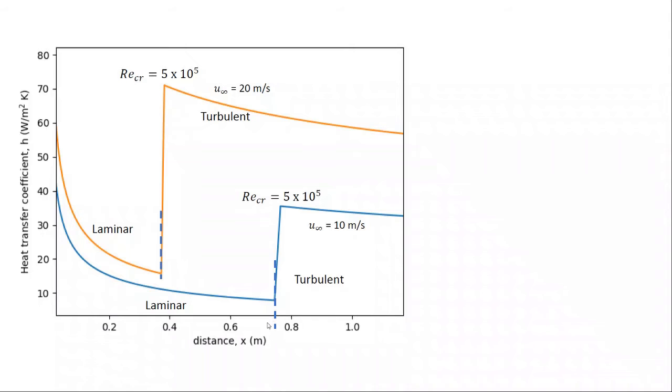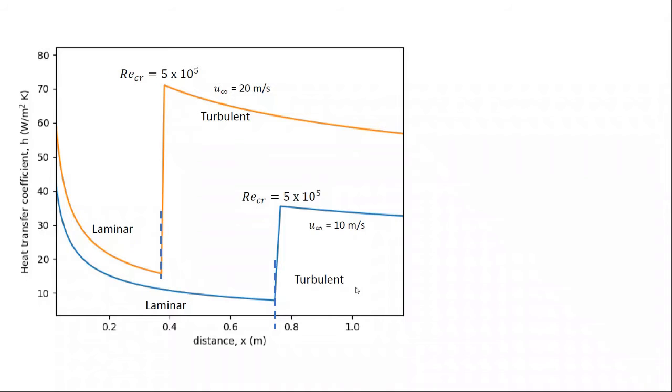So when the Reynolds number exceeds 5e5, we transition from a laminar flow to a turbulent flow. In reality, this transition happens over some region. It's probably not as abrupt as we would tend to show here.